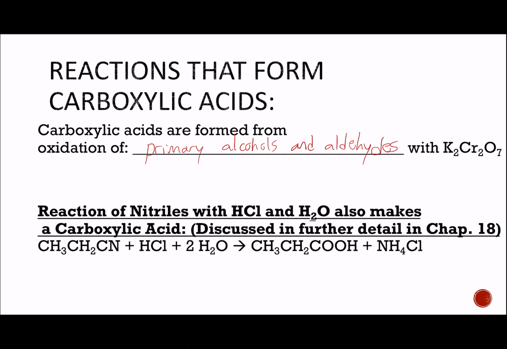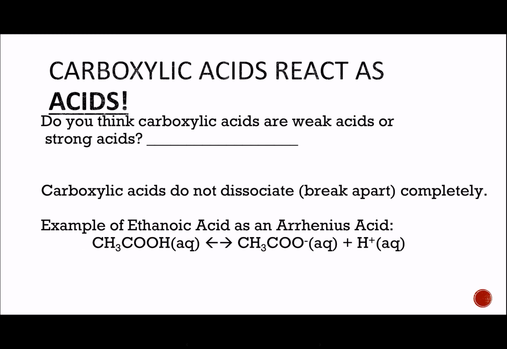You do need to be aware of this reaction right here. If I would like to turn a nitrile into a carboxylic acid, it requires hydrochloric acid and water in order for that to occur. And that'll change your CN into a COOH.